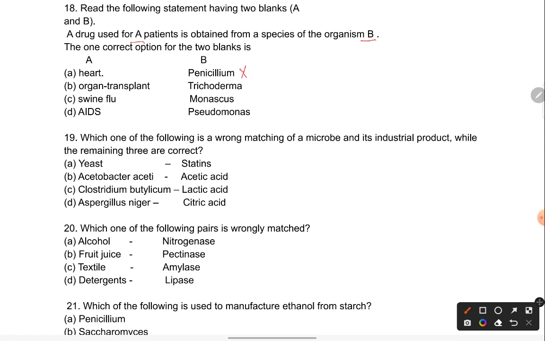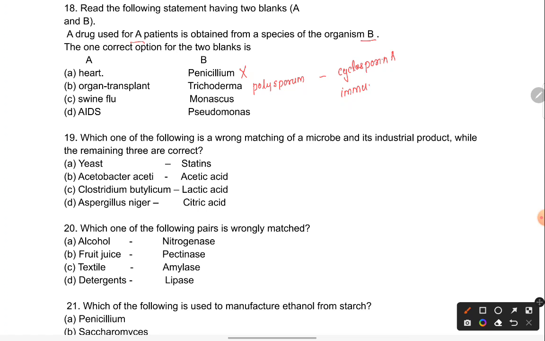The second answer is what? Organ transplant, trichoderma. Do you know this Trichoderma? The full name is Trichoderma polysporum, and this microorganism produces a chemical called cyclosporin A. And what is the use of cyclosporin A? Do you remember?